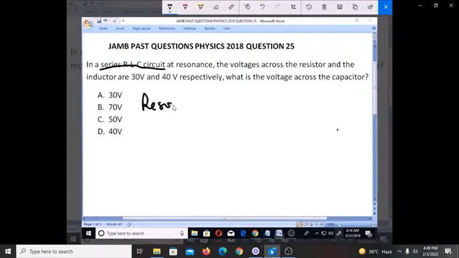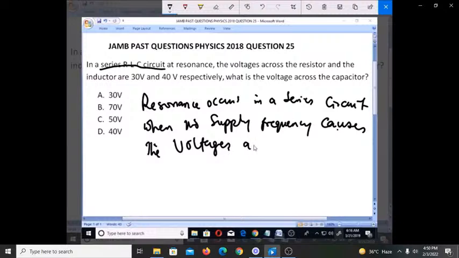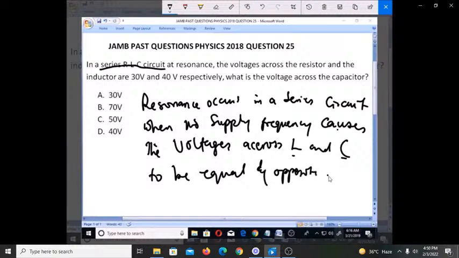Now, we can confidently say that resonance occurs in a series circuit whenever the supply frequency causes the voltages across L and C, that is inductance and capacitance, to be equal and opposite in phase.